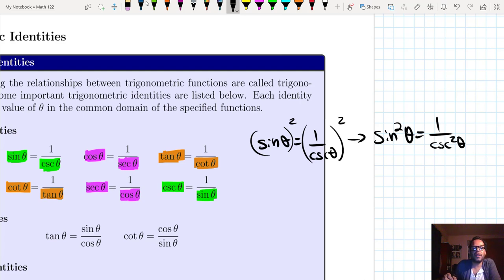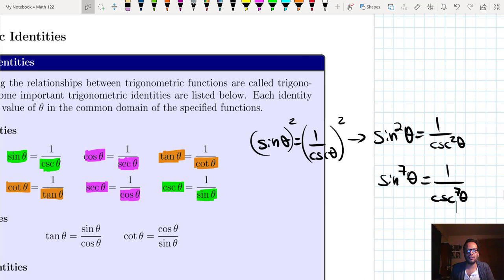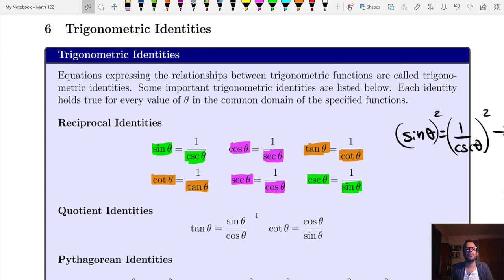Or the same if I say it's sine to the 7th power theta, 1 over cosecant to the 7th power of theta, right? It holds for every single power, right? As long as you do it on one side, do it on the other side as well.